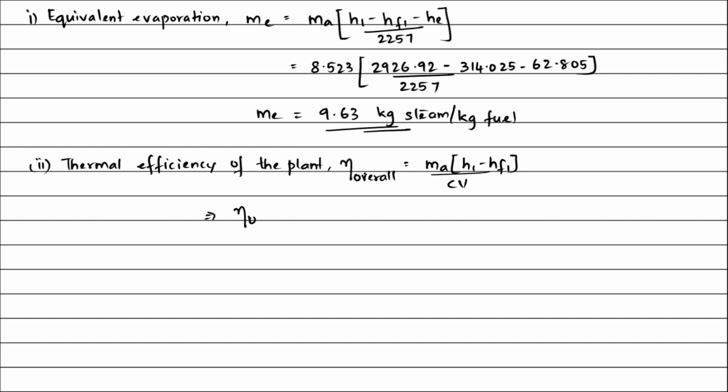So eta overall equals 8.523 multiplied by (2926.92 minus HF1, which is the enthalpy of feed water at the economizer inlet, that is 62.805, we already found out) divided by the calorific value of fuel, given as 33,000 kilojoule per kilogram, and then multiplying by 100 to convert it into percentage. So my overall efficiency I am getting as 73.969 percentage.